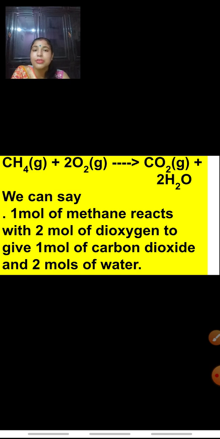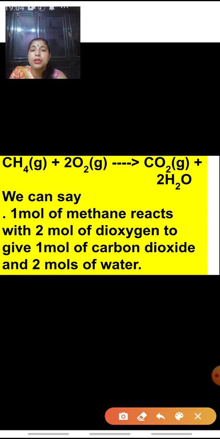Butane is one of the major components of our LPG gas also, that we are using as a cooking gas. So any hydrocarbon you take, any organic compound, when it undergoes combustion, means burning in presence of oxygen.